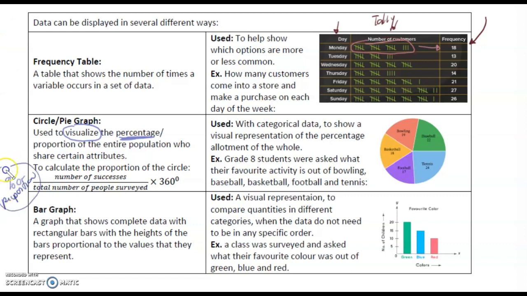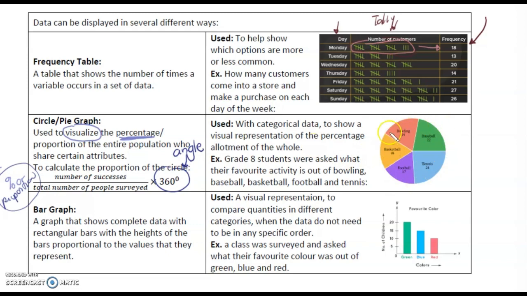And then that proportion of the whole is multiplied by 360 degrees to give us an angle. Okay, this gives us an angle. So this is used with categorical data to show a visual representation of the percentage or allotment of the whole.